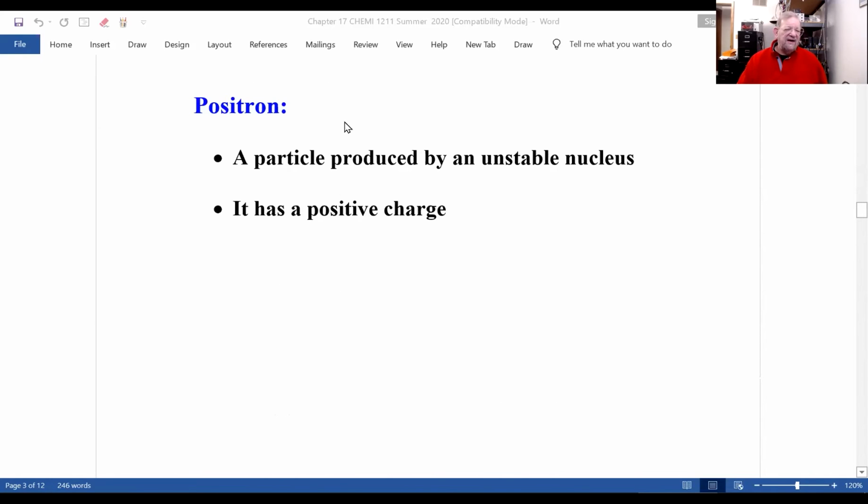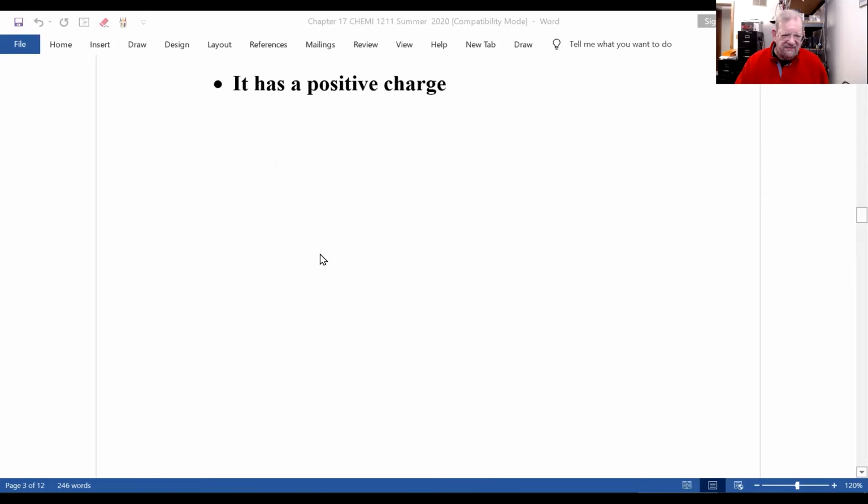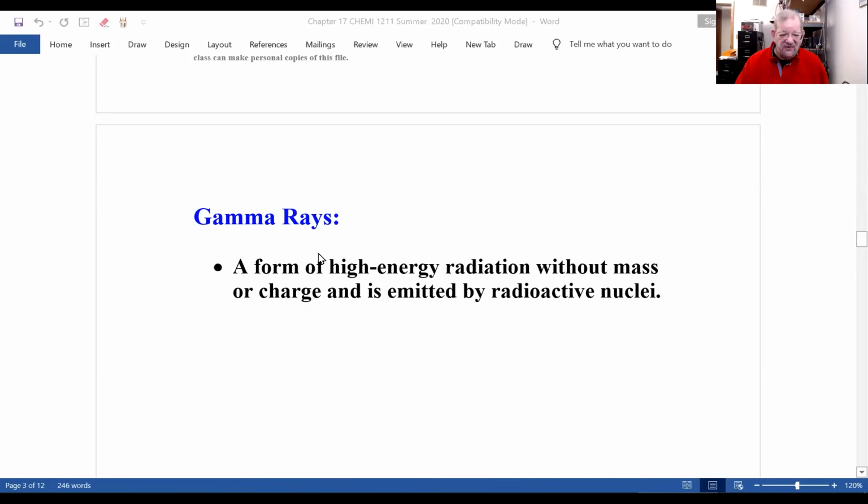Now, a positron is a particle produced by an unstable nucleus like a proton, and it has a positive charge. And finally, gamma rays are a high form of energy without mass or charge that's emitted by radioactive nuclei.